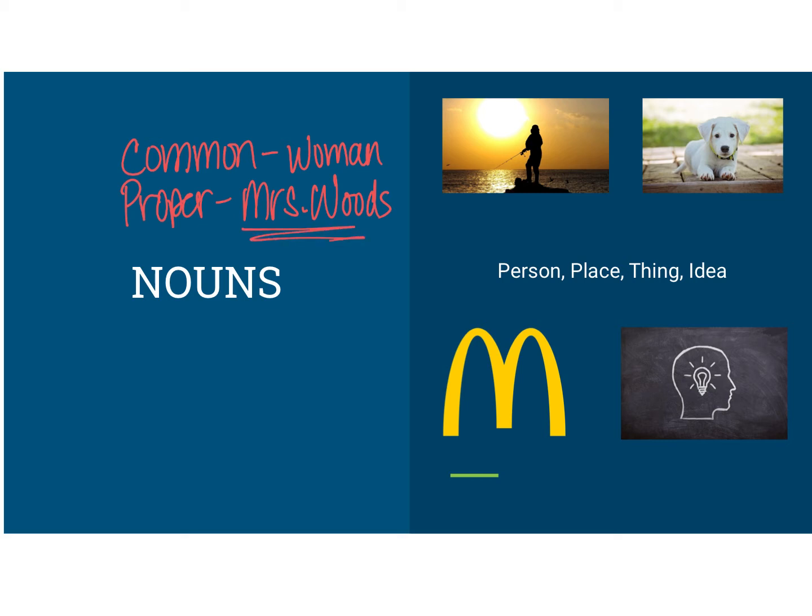And that's something I noticed that we are struggling with. We do not capitalize the words that we need to. So that's something we are going to practice as well as we go through these parts of speech. So nouns are people, places, things, and ideas. All right, let's move on.